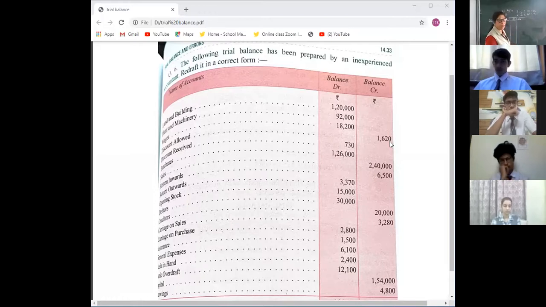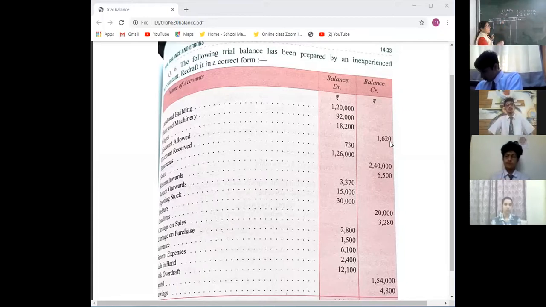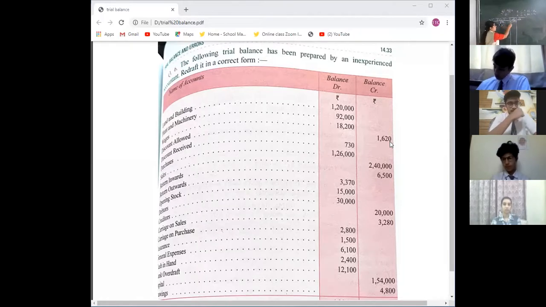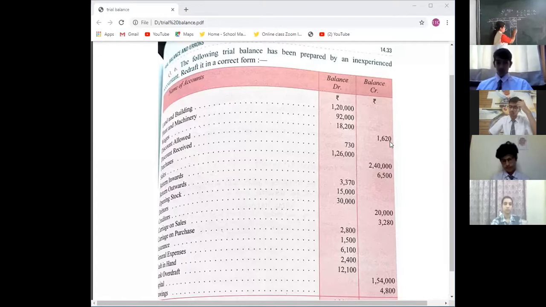So how to make it? Children, look here, one by one. Land and building, the amount given 1,20,000 in debit. Then next, machinery, 92,000 in debit. The next, wages, 18,200 in debit. The next, discount allowed. Discount allowed is an expenditure, that's why it is debit.